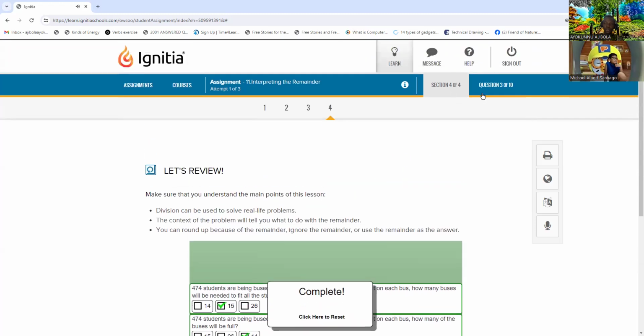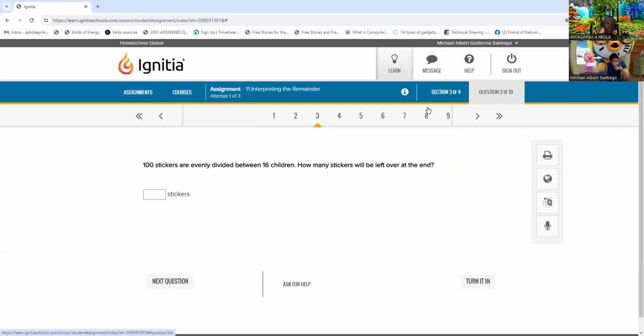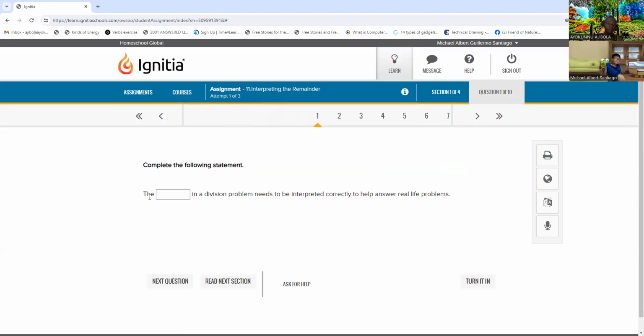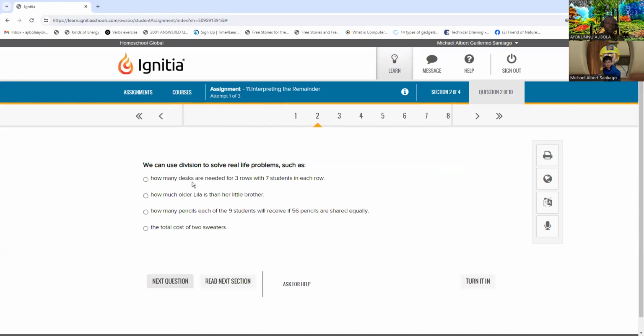So let's go to our questions to answer them from number 1. The remainder in a division problem needs to be interpreted correctly to help answer a real-life problem. That's the remainder, okay? Okay. Then the next question. We can use division to solve real-life problems such as how many desks are needed for 3 rows with 7 students in each row.